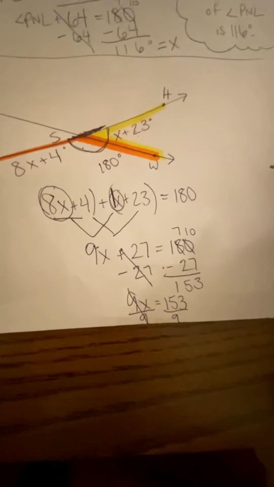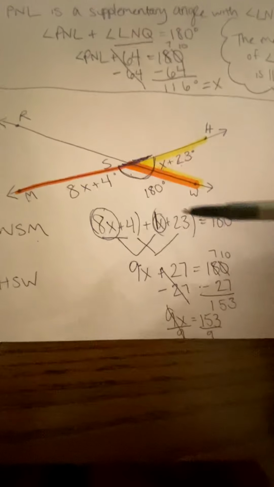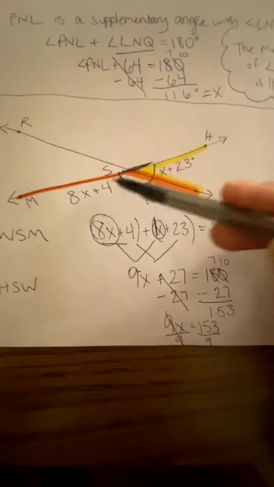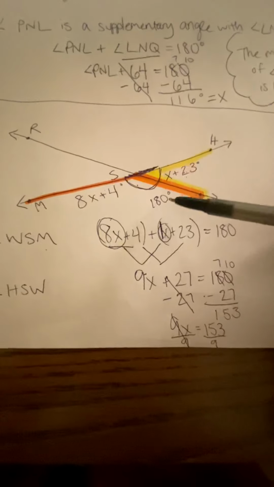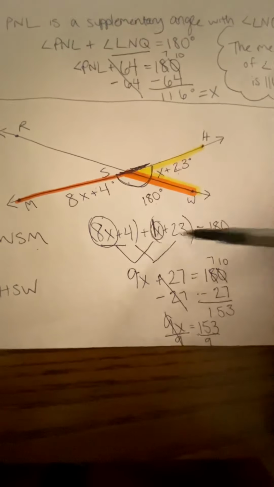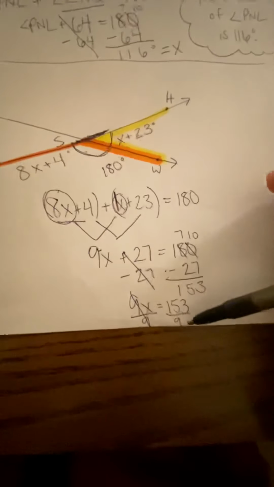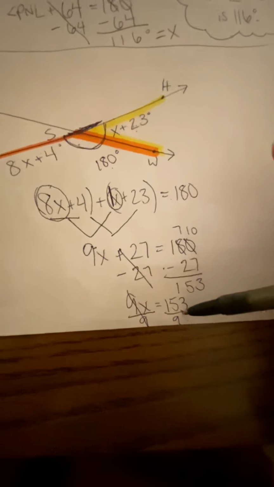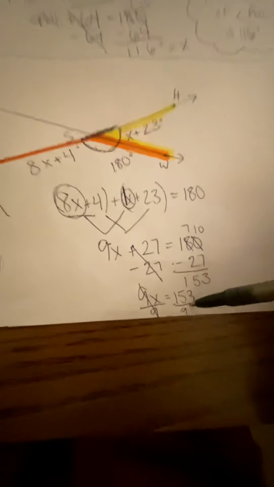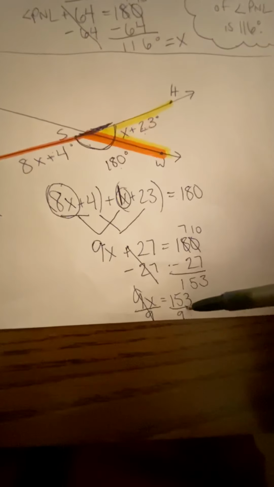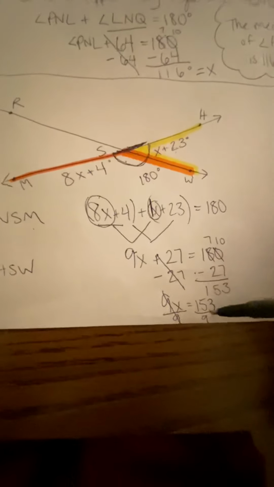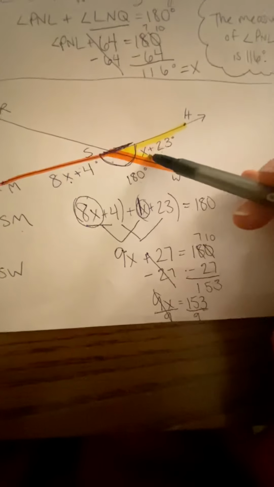Just to recap, we combined these two expressions, we said they equal 180, and then I started solving this equation. Now I'm dividing to find x, and then I'm going to take the value of x and put it into both of these expressions here.